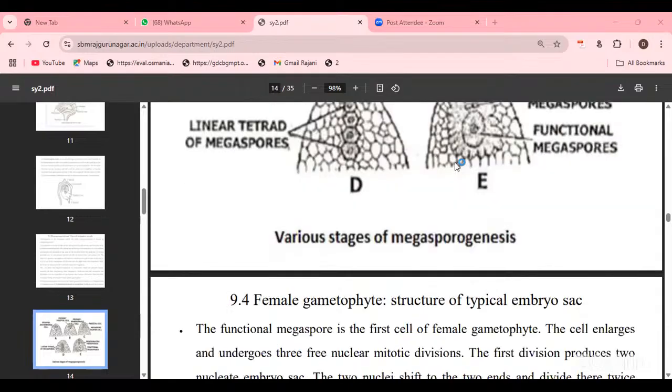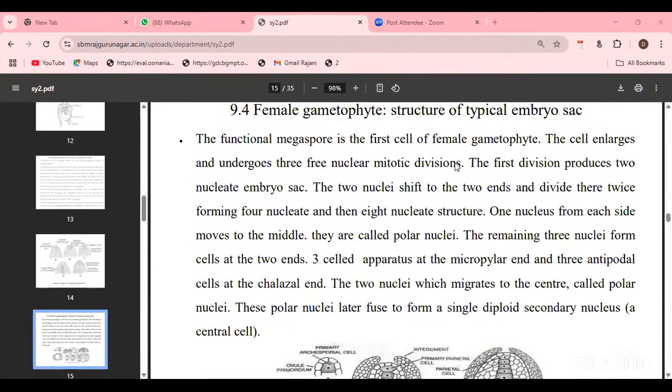Next part, female gametophyte: the structure of a typical embryo sac. The functional megaspore is the first cell of the female gametophyte.